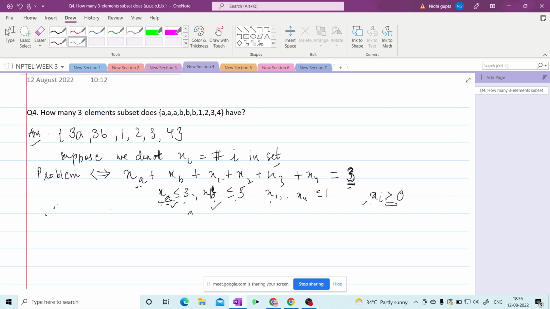So when we are talking about a and b, it can still be treated as a weak composition, but we need to worry about these integers 1, 2, 3, 4.